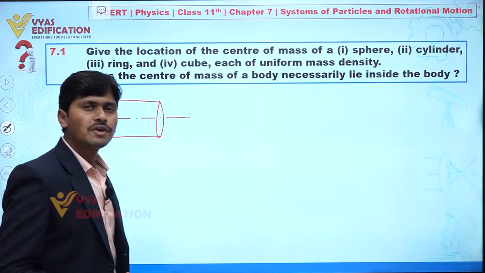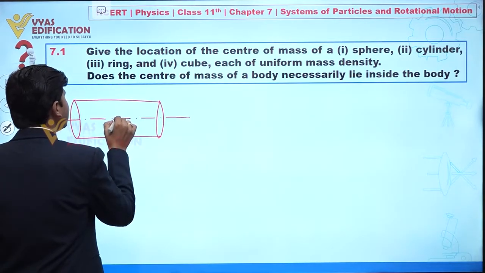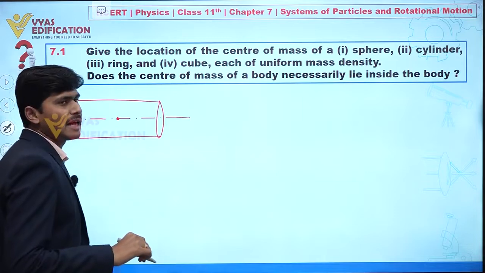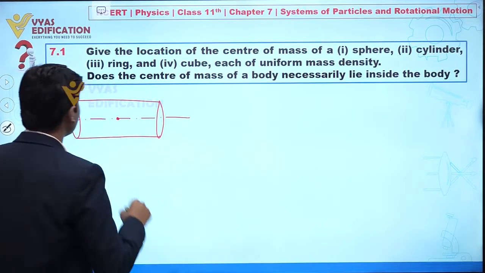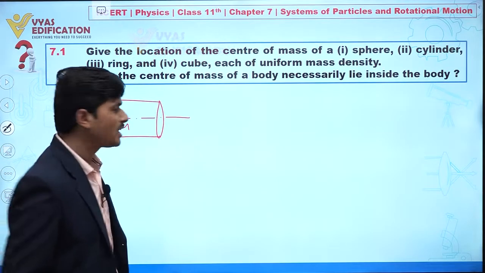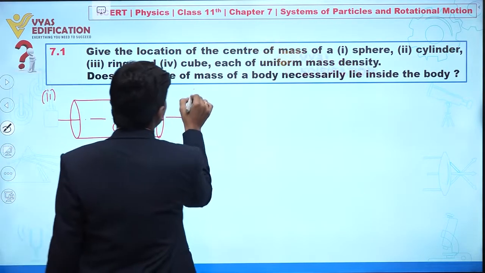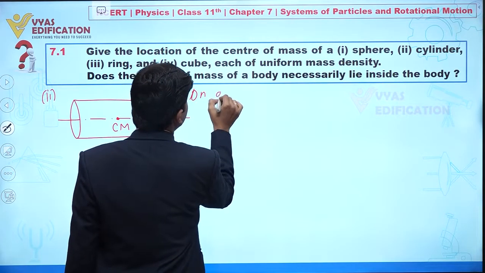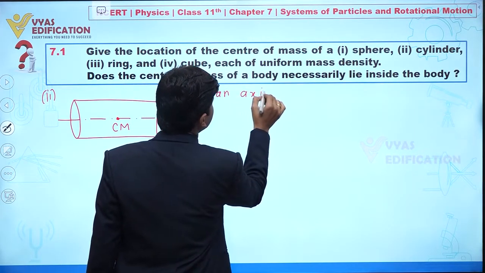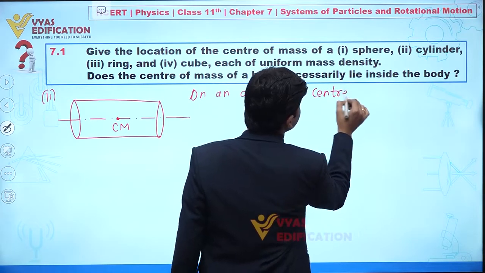So for a cylinder, its center of mass you will find at the center that lies on the axis of the cylinder. We can say this is the position of the center of mass of a cylinder. So for part number 2 you can say on the axis at the center of the cylinder.